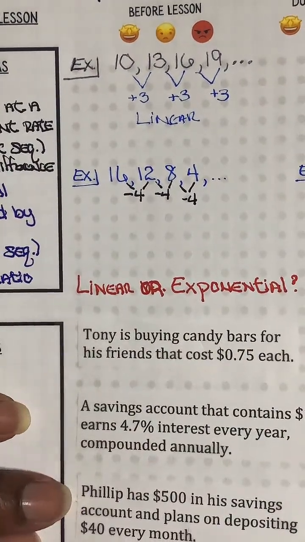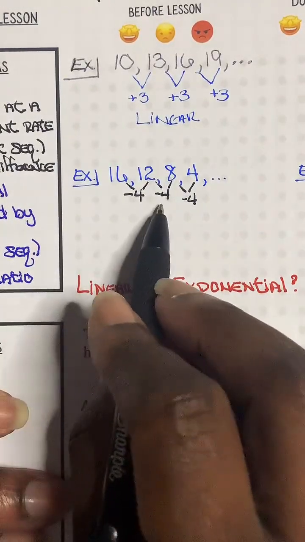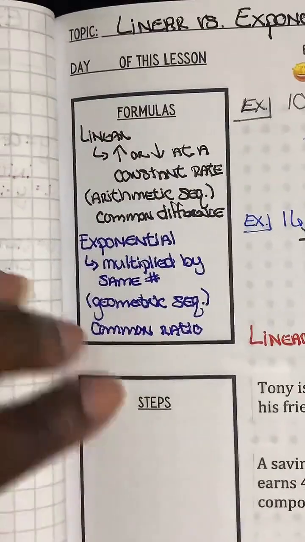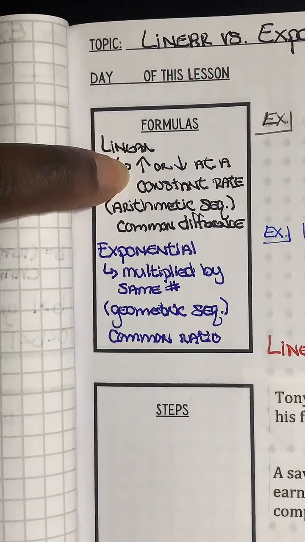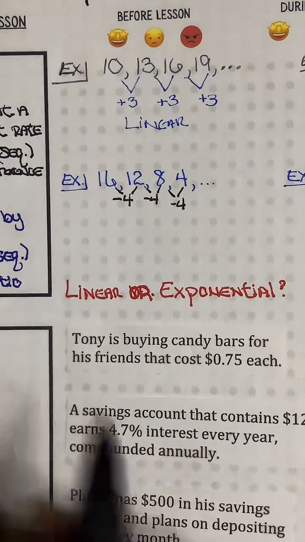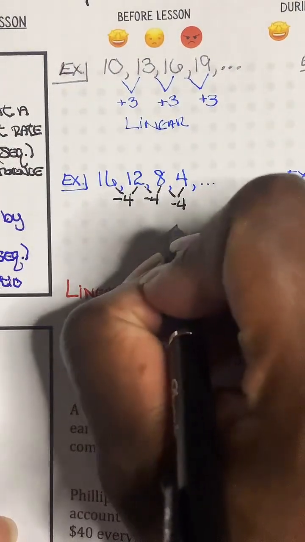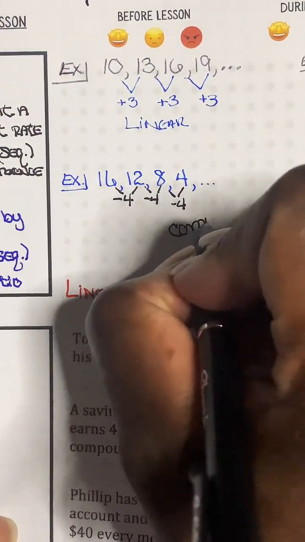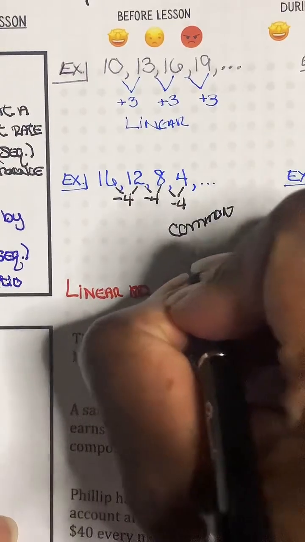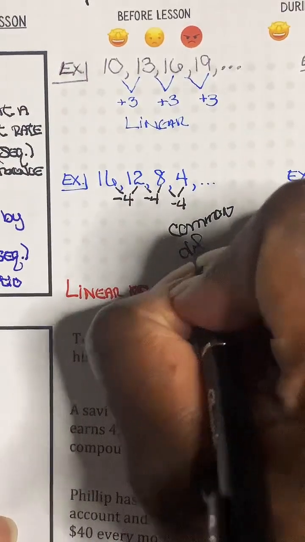Even though it's going down, because as I mentioned, linear is either going up or down, it's going down at a constant rate. So this is your common difference.